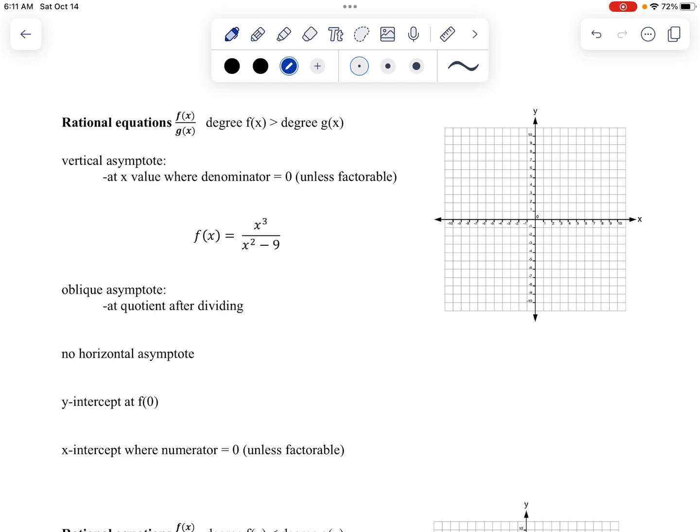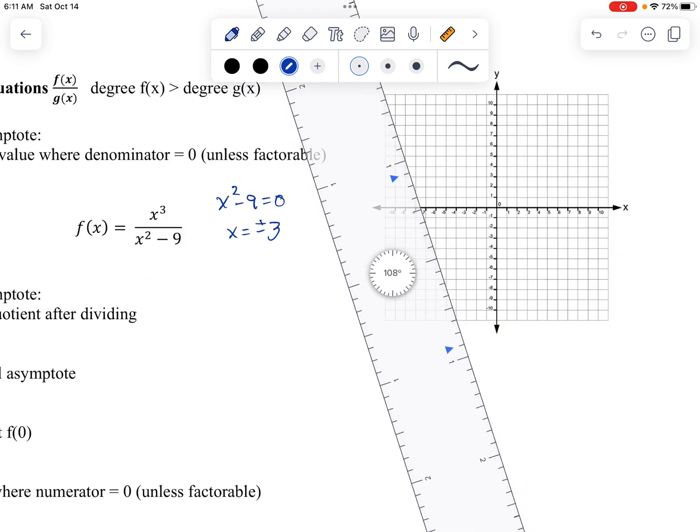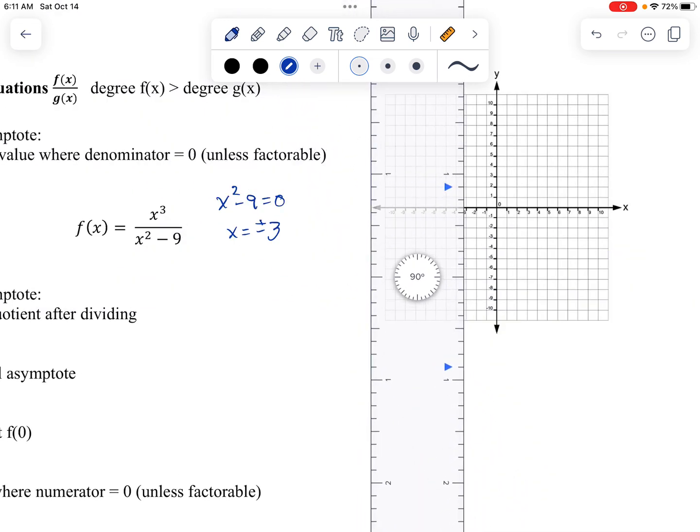It's at the x value where the denominator equals 0. So x squared minus 9 equaling 0. It's going to be at x is plus or minus 3. So draw your asymptotes. We'll go back to the normal scale. We tend to draw them with dotted lines.